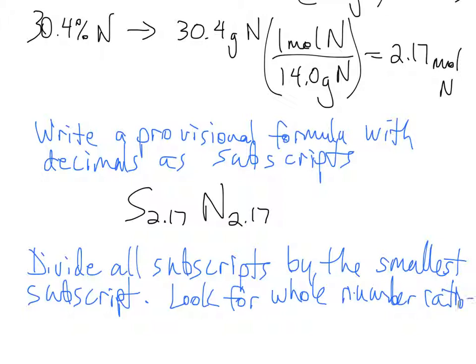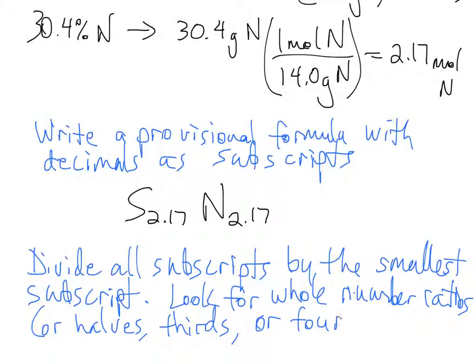You'll find whole number ratios in the easier problems, but sometimes in the harder problems, you'll see ratios that end up with like 3.5 or 3.33, that would be a third, or 3.25, that would be a fourth. So look for halves, thirds, or fourths in addition to whole numbers.